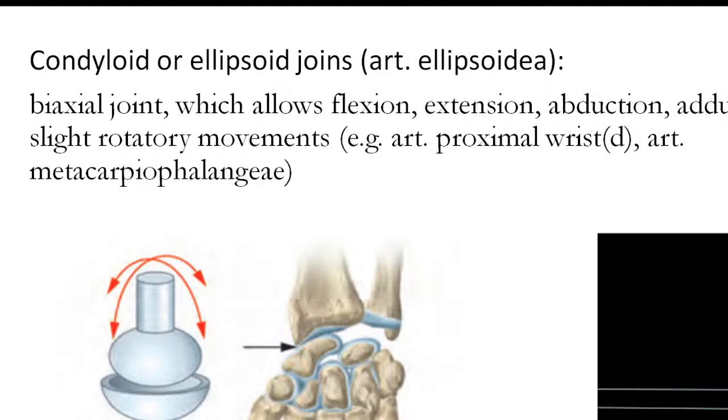For example, the proximal wrist articulation and metacarpophalangeal articulation. It is an ellipsoid, biaxial joint, two axes.